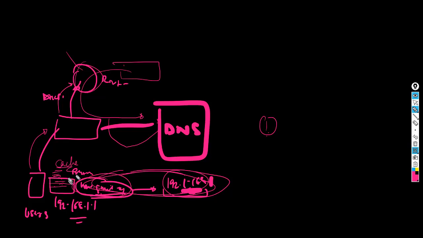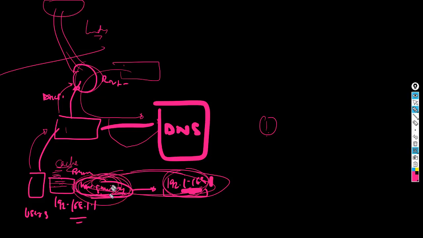So the second time it doesn't really have to do the lookup once again from scratch. It knows that Google or Gmail is resolving to this IP address, so it will load, and then it knows where to go.